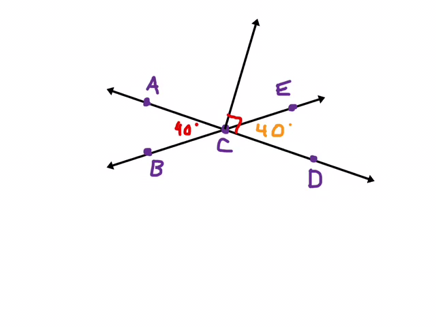The next thing I can do is use a little bit of my supplementary relationship. I notice that this is a straight line, a straight angle. And so when it is split by this ray into two pieces, angle ACB and BCD, those two pieces must be supplementary.